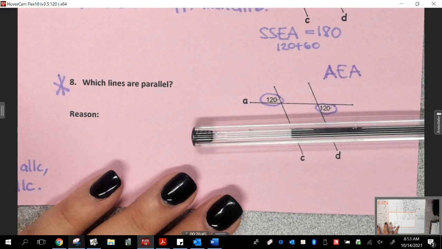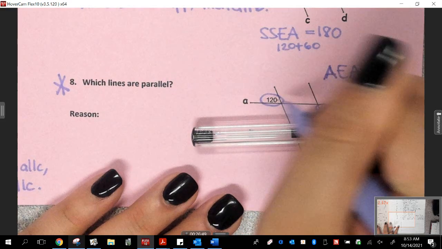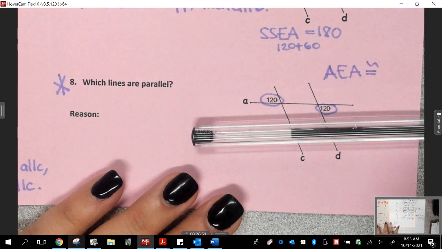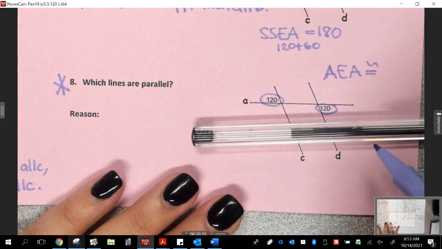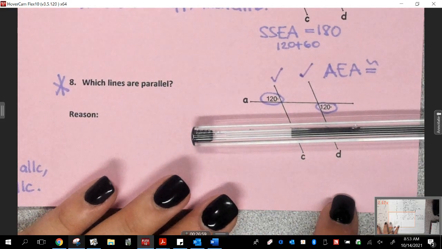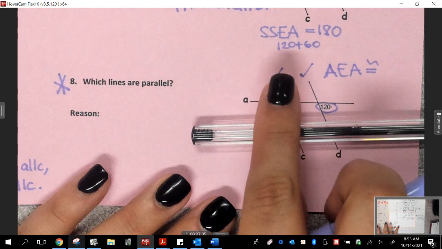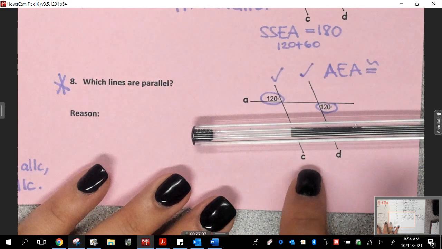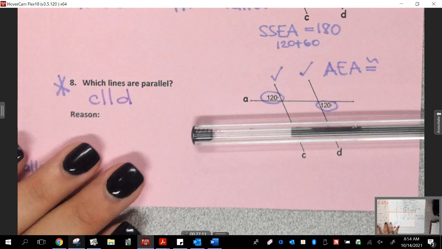And should those be congruent or supplementary? Are they congruent? Are they the same? They're both 120. Yeah. So what lines are parallel? What letters? Yeah. C and D. C is parallel to D.